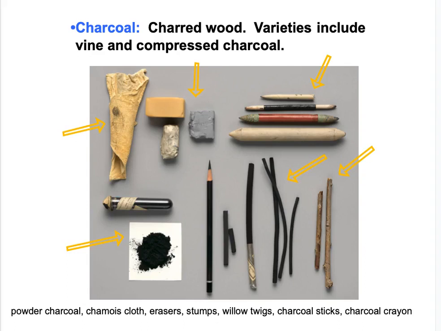They basically heat willow sticks to a really high temperature and don't allow any oxygen in, and it just turns into charcoal, goes through a chemical change and becomes these charcoal sticks. We also use, actually this one is probably vine charcoal, and this one would be willow charcoal. Vine is just what it sounds like, vines that you find in nature that have been heated very hot and turned into charcoal sticks.